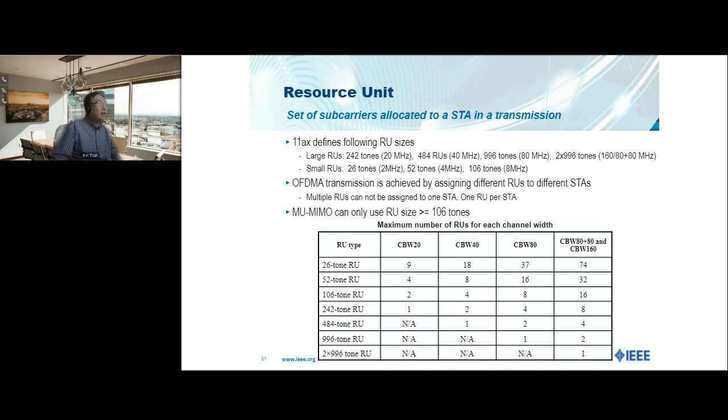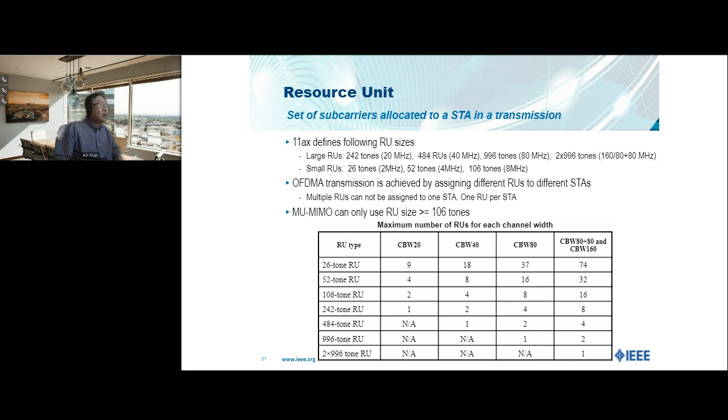So in 11ax, you can see it defined the following RU sizes. It defined 242 tones, roughly corresponding to 20 megahertz, 484 tones, roughly corresponding to 40 megahertz, 996 tones, roughly 80 megahertz, and 2 times 996 tones, roughly corresponding to 160 or 80 plus 80 megahertz. There are also some small RUs, which are less than 20 megahertz in size.